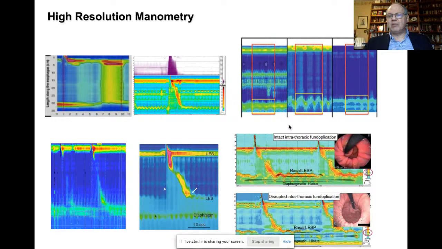surgery when the patient persists symptomatic with reflux symptoms after anti-reflux surgery or endoscopic anti-reflux procedures. This manometric pattern is showing an intrathoracic fundoplication, whereas this one shows a disrupted intrathoracic fundoplication.